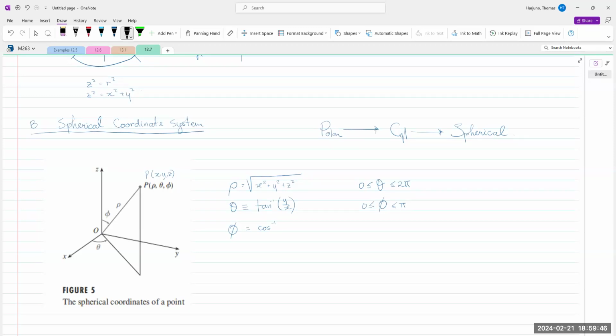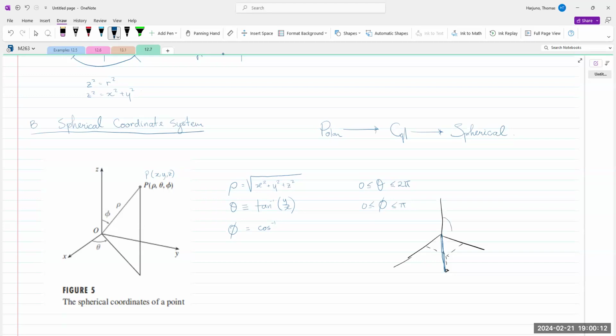Let me help by sketching. Imagine if you have a point below the xy plane. So let's say this is the rho, right?